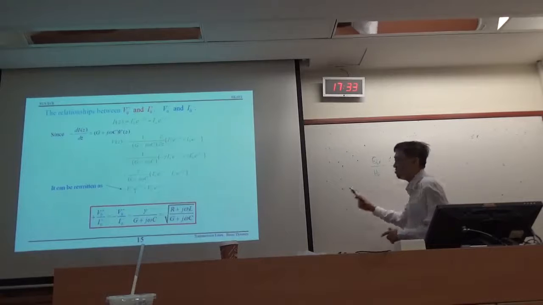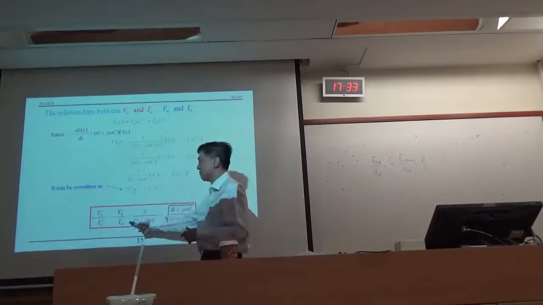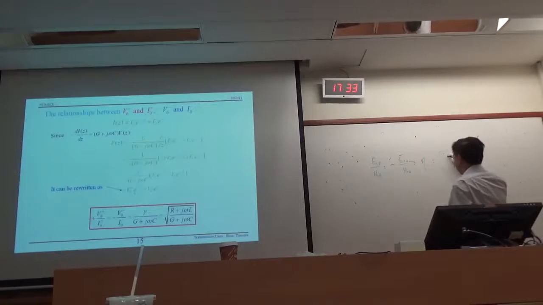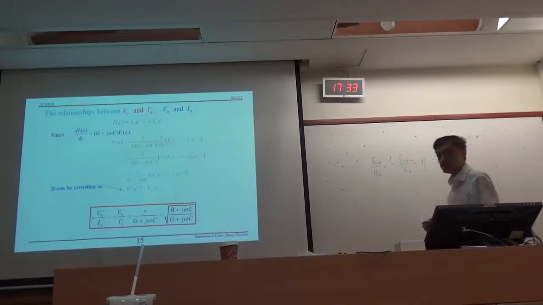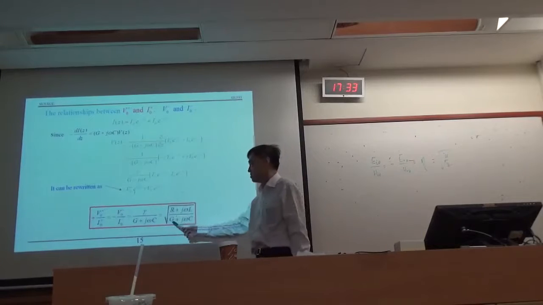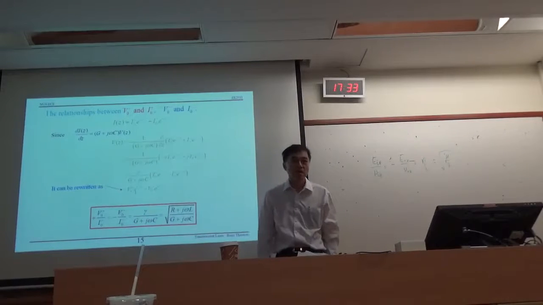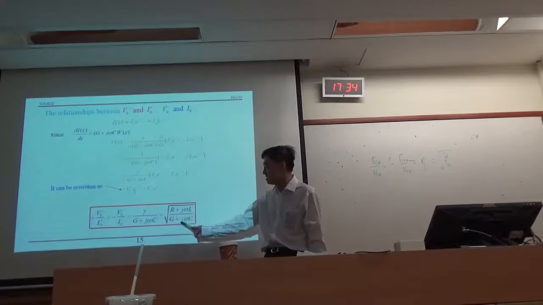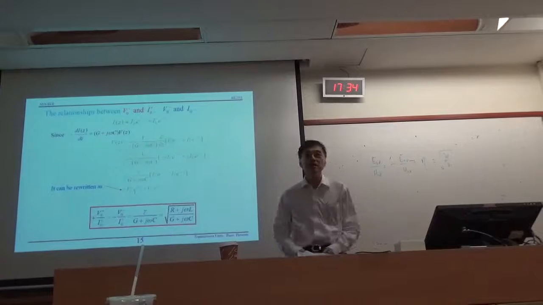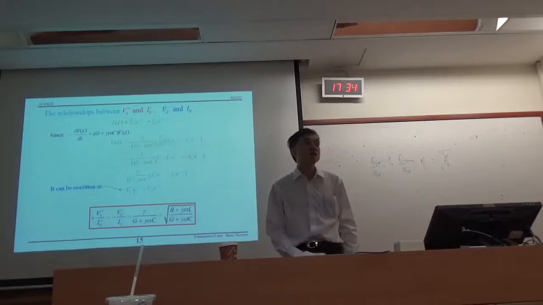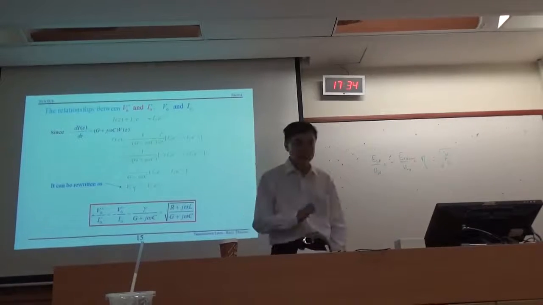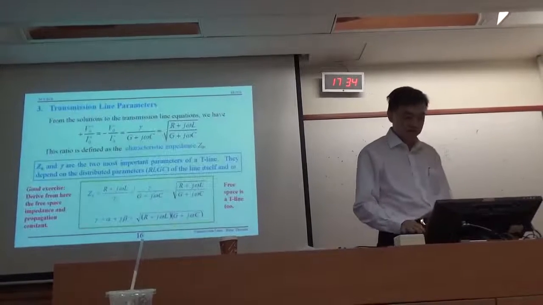Remember the same form here, and zeta is equal to square root of mu over epsilon. Now it is also the same form, which is the square root of (R plus j omega L) over (G plus j omega C). And remember, if you cancel j omega from the top and bottom, once again it is like replacing epsilon with epsilon c and mu with mu c. So the concept is once again very similar.